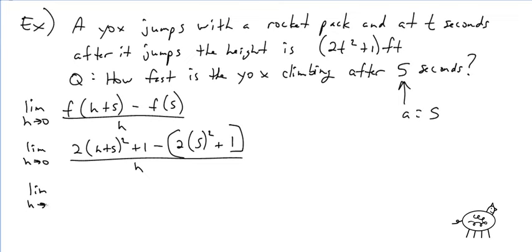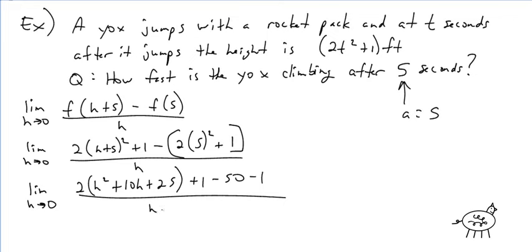So again, this is a matter of algebra. Calculus is actually pretty easy. It's just working everything out. So that's going to be 2 times h squared plus 10h plus 25, plus 1. And 2 times 25 is 50, so minus 50 minus 1, all over h.